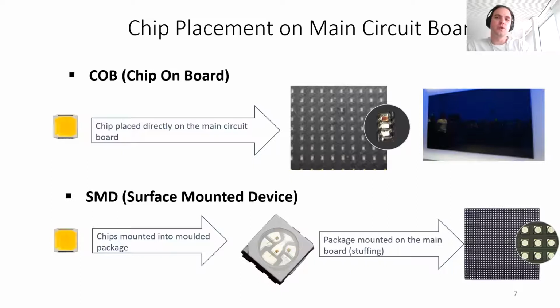So these also need to be protected with a coating on the level of the complete module. And this makes these products generally very reflective. So you could say we're going to make that coating less reflective, and then of course you're sacrificing some of the contrast. There's a trade-off with the blackness of the LED wall. So it really depends on the application and the use case which technology is the best choice.